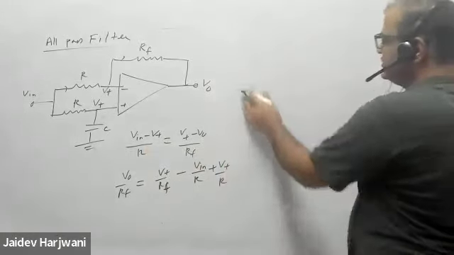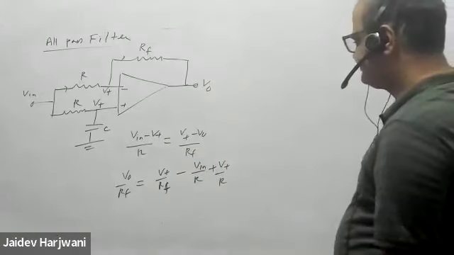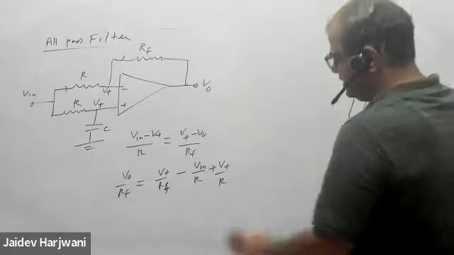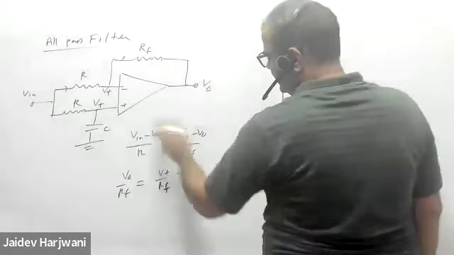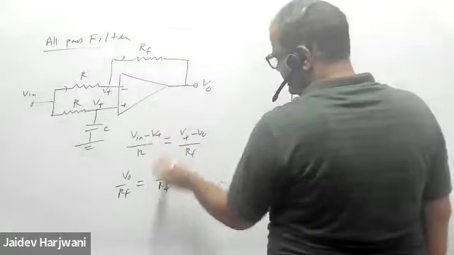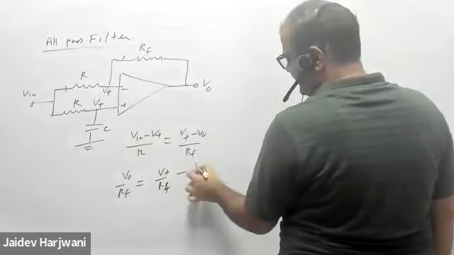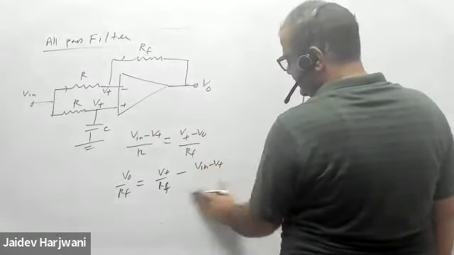Tell me what is V naught is coming. Or you directly write this is coming here minus this going here, V input minus V plus upon R.